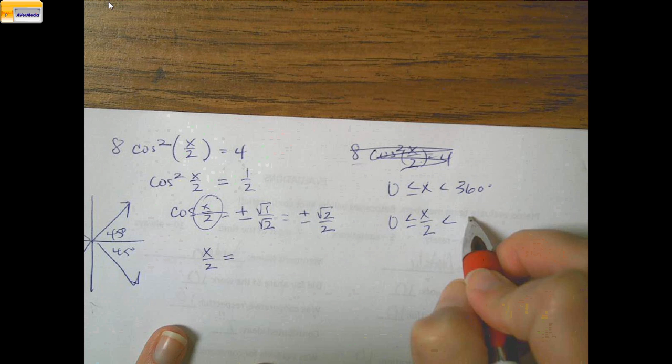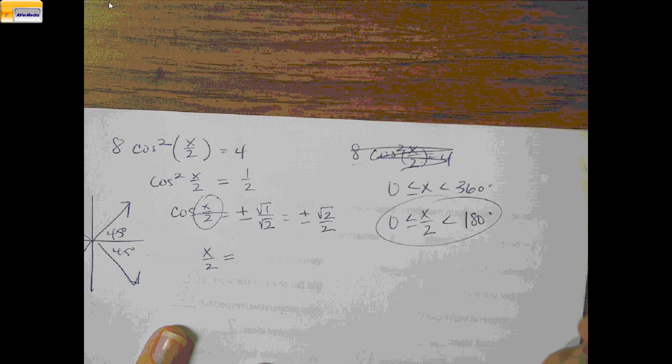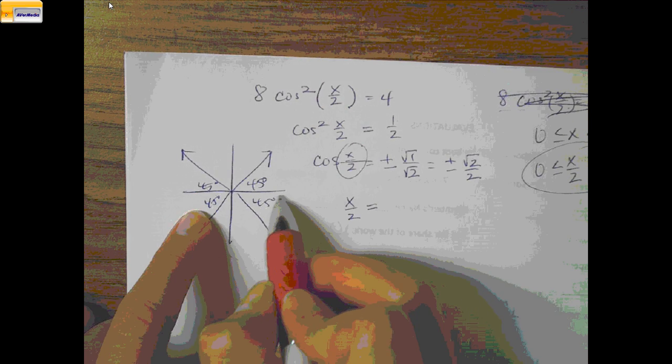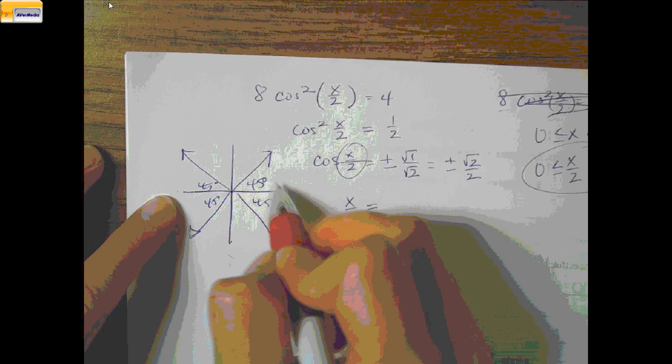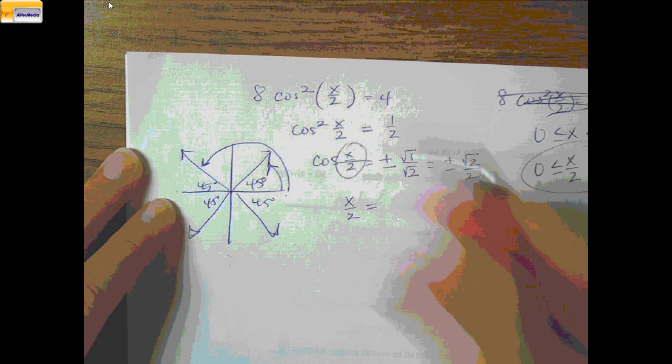Well, we have half that is what we're looking for. So we're going to change our interval to half of that. So half of 360 degrees is 180 degrees. This is what we need to stay between. So the only angles that stay between 0 and 180 degrees are 45 degrees and 135 degrees.